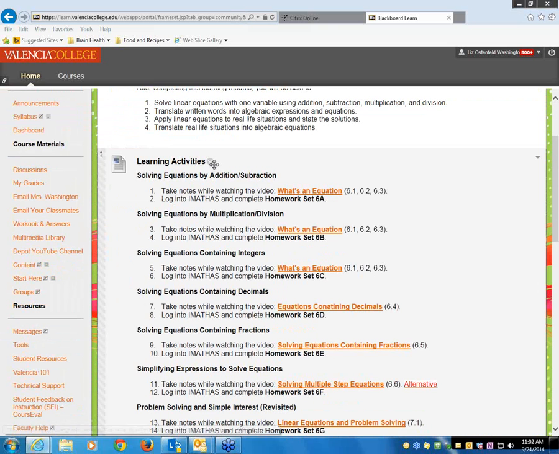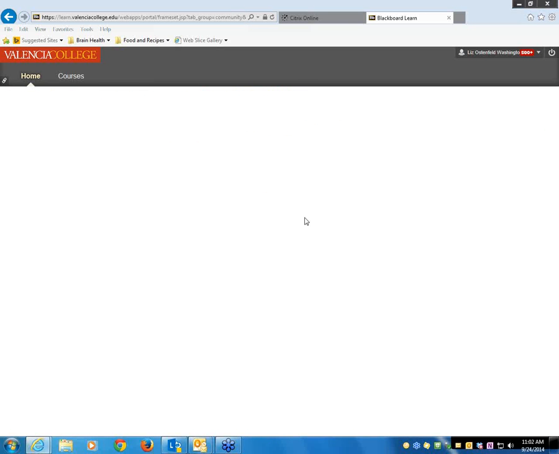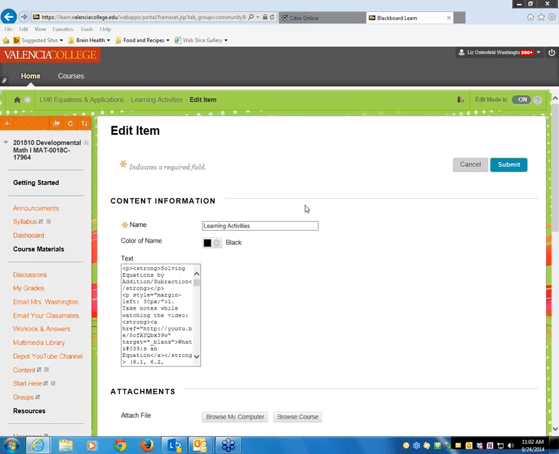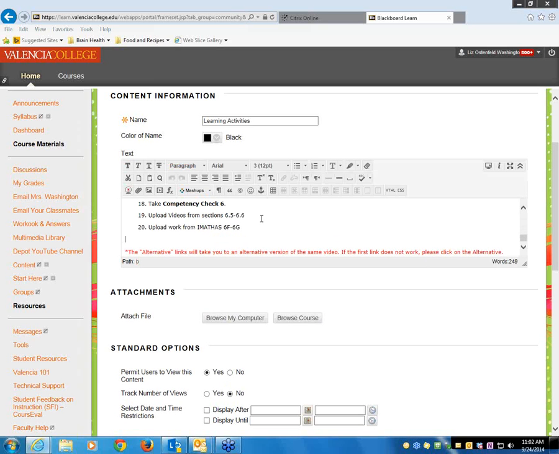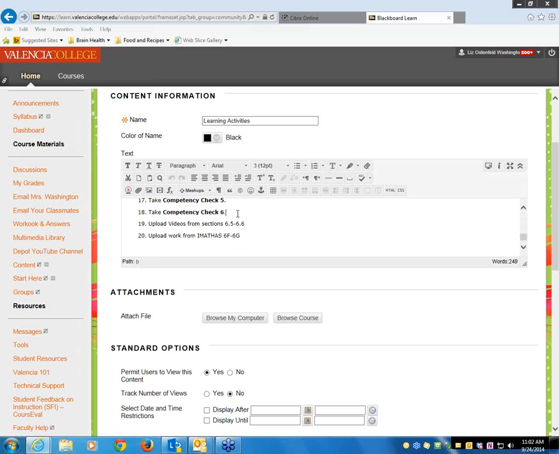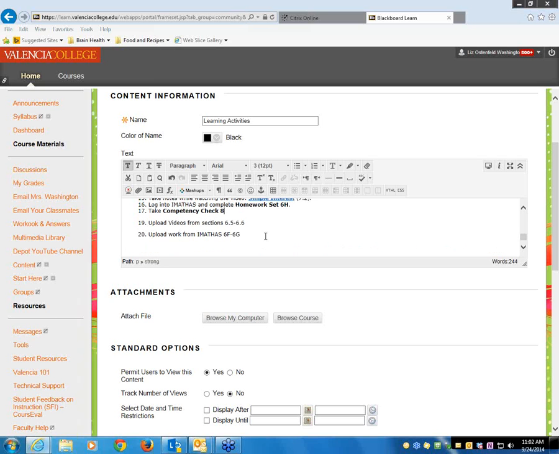And I'm just going to fix something that's here. I don't want you to get confused. Okay, so it's not competency check 5 and 6, it's only competency check 8.